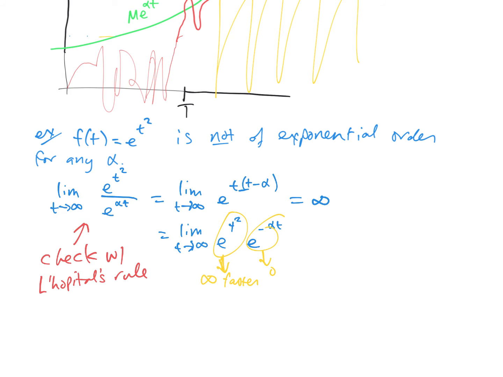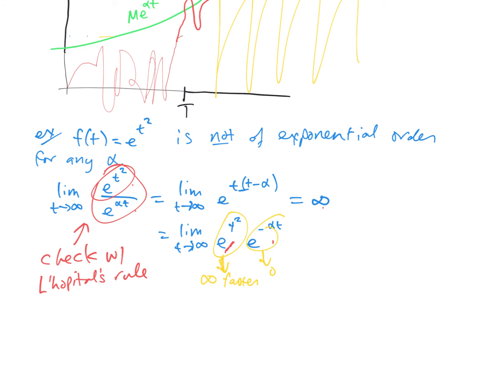Because what L'Hopital's rule is doing is basically saying, well, which one is happening faster? And faster means taking a derivative, which is why you take derivatives at the top and the bottom. That's sort of why L'Hopital's rule works, and that's the intuition here. This is getting big faster than this is getting small. And so as a consequence, if this is going to infinity, then this has to be bigger than the bottom. And it's never going to be controlled or bounded by just an e to the alpha t. So that's why e to the t squared is not of exponential order.